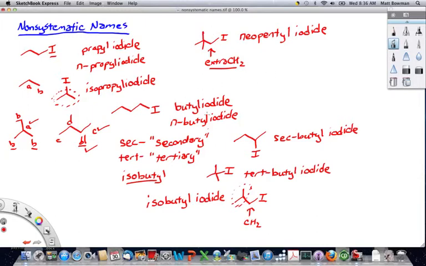Okay. There are two more names that you should be familiar with that are very confusing. They have to do with benzene rings.